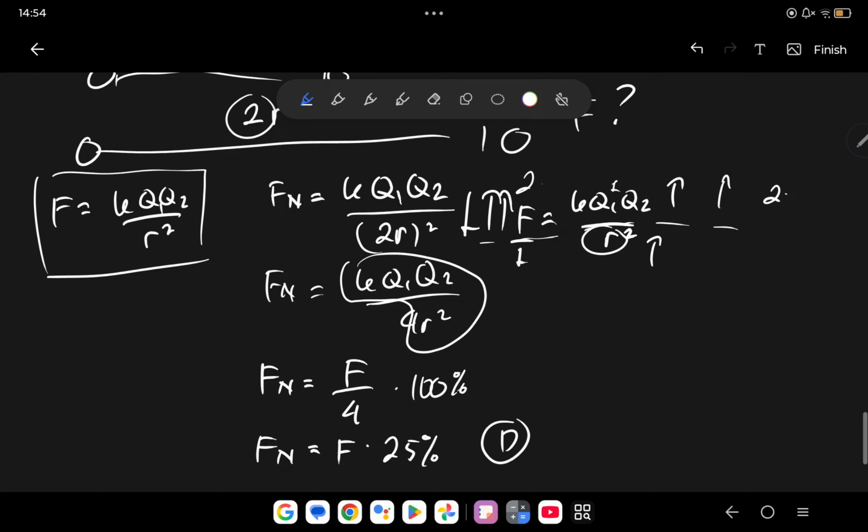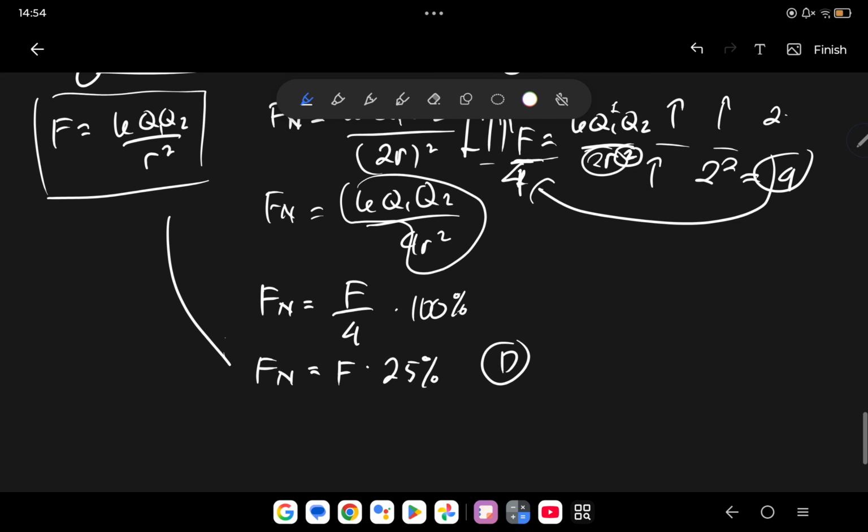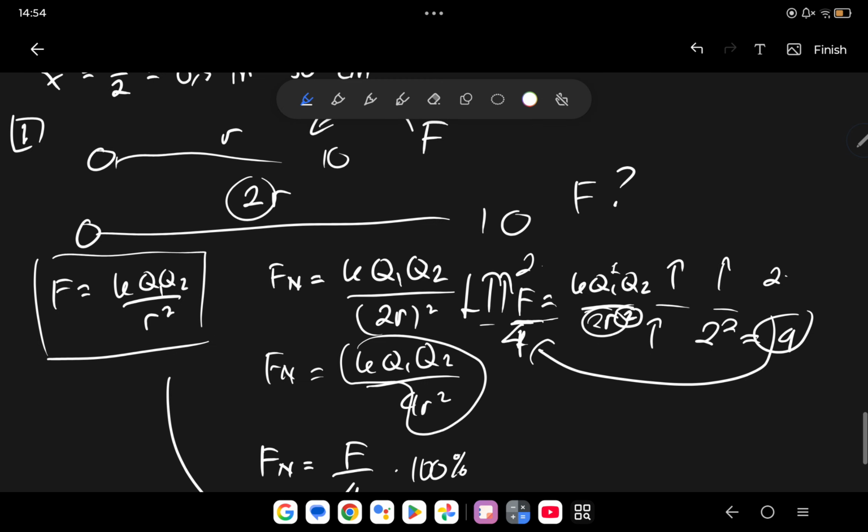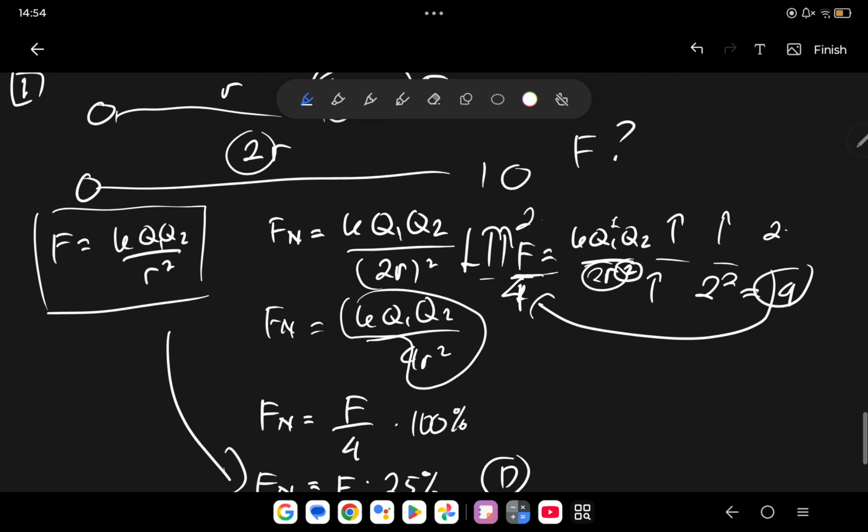Smaller means divided by 4. Why? Because R has a power of 2, and 2 squared equals 4, and that's why we divide by 4. We look at the powers. That's a fast way to do this, and this is how I do it. Very concrete, very hard to make mistakes on this one, and it's fast if you need time.